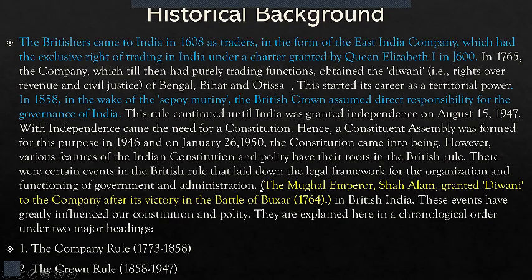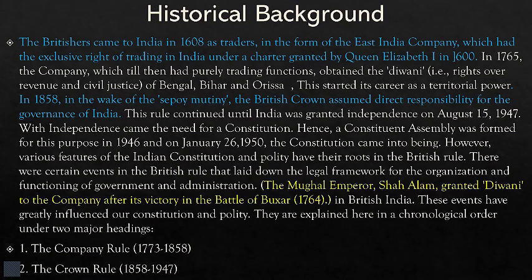However, various features of the Indian Constitution and polity have their roots in the British rule. A lot of rules, regulations and acts were given in the British rule itself, like the Government of India Act of 1935, which laid a foundation for our constitution, and a lot of things are taken from that act. We have created our constitution the best.